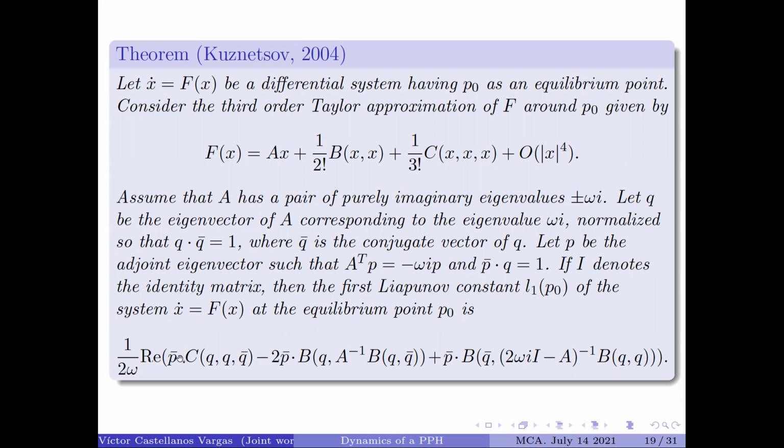This number is a complex number, and then we need only the real part. And this real part divided by 2 omega is the first Lyapunov coefficient. Then, in our problem, we need to compute this number, and it is possible that the first Lyapunov coefficient, with some relation of the parameters, is equal to 0, and then I cannot prove the existence of the limit cycle.